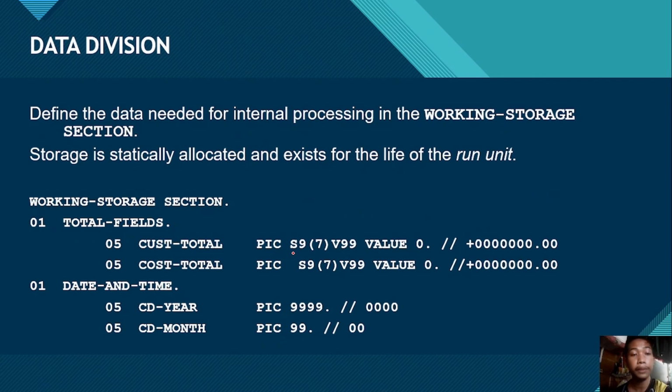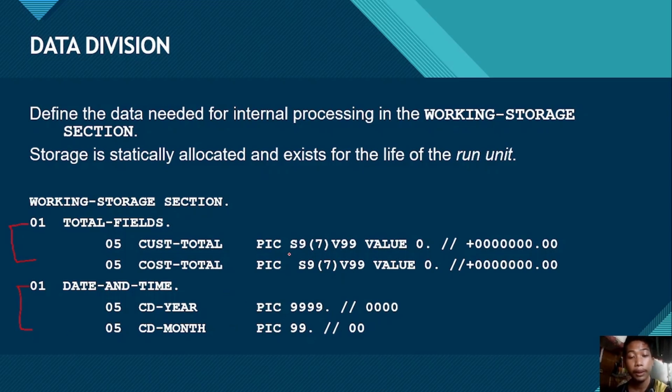So the data division is defined and needed for internal processing in the working storage. So storage is statically allocated and kept for the life of the run unit. In our example, we have the total fields, which has customer total and the cost total, the date and time, which has the date, city, year, and the month.